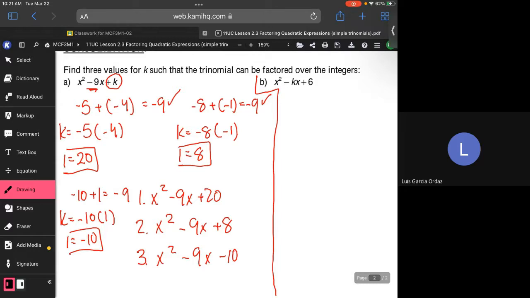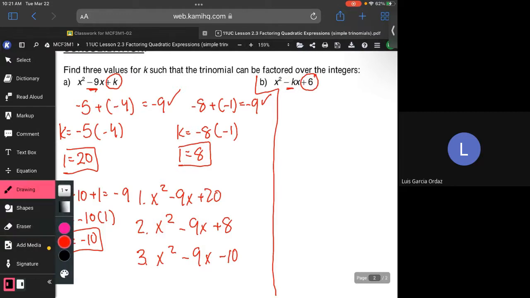Okay. Now the next one, I have x squared minus kx plus 6. I need to figure out what k is, except this time I have my last number. So what are numbers that multiply to give me positive 6? Remember, my k here is negative, so I need two negative numbers to give me a positive.